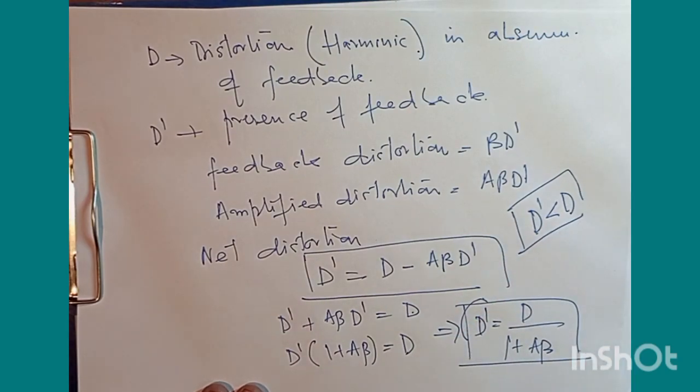So here we can understand that the overall distortion, the unwanted harmonics that are associated with the signal, the magnitude of their component can be decreased by making use of negative feedback in the amplifier.